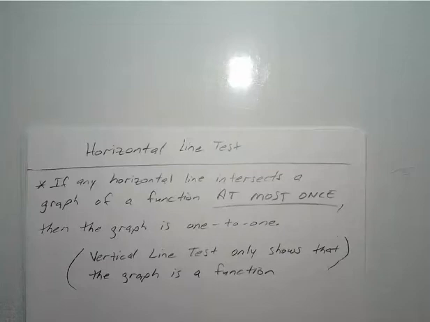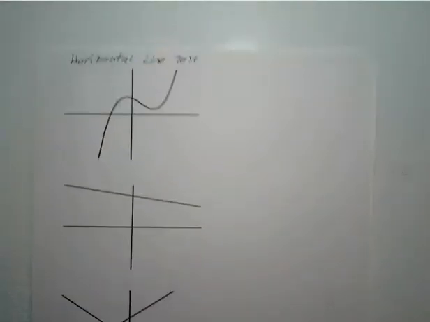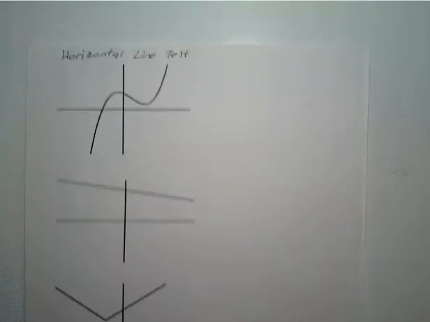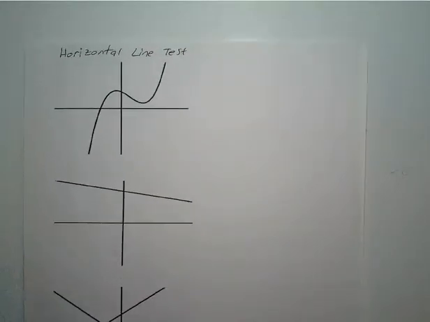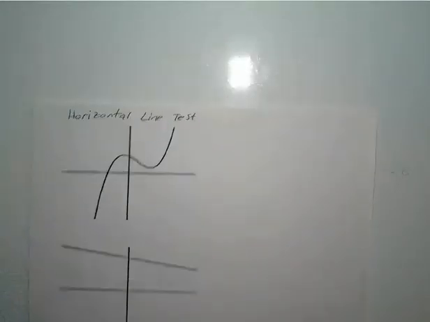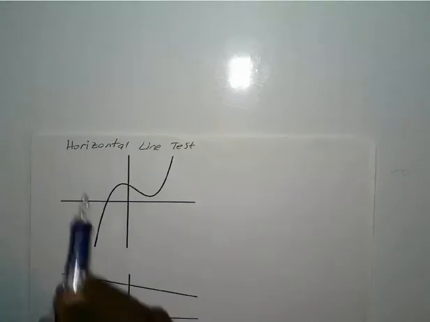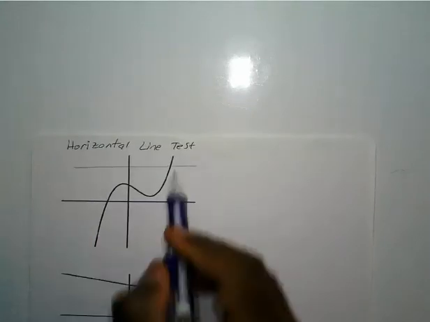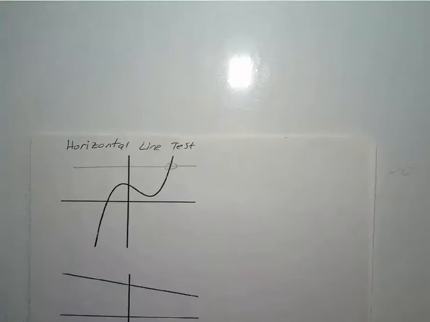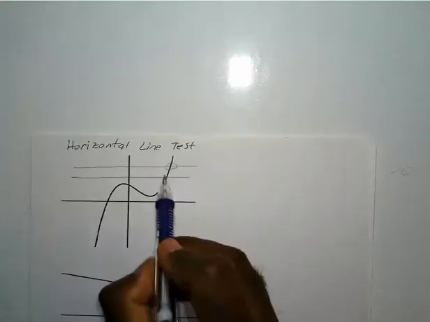All right, so let's go ahead and bring up a couple of graphs. Okay, I printed these up. Okay, so what we're going to do is we're going to see if these three graphs pass the horizontal line test. Okay, so if you draw a horizontal line here, it only crosses the graph once. You draw one here, it only crosses that graph once. So we're good.